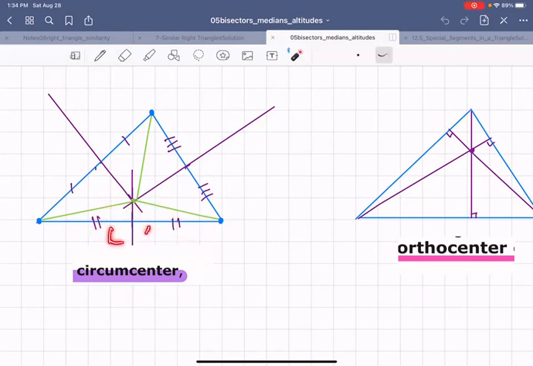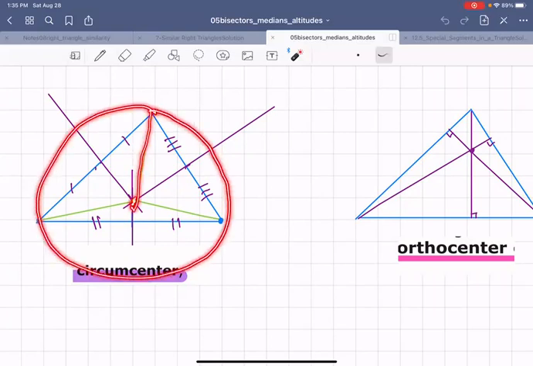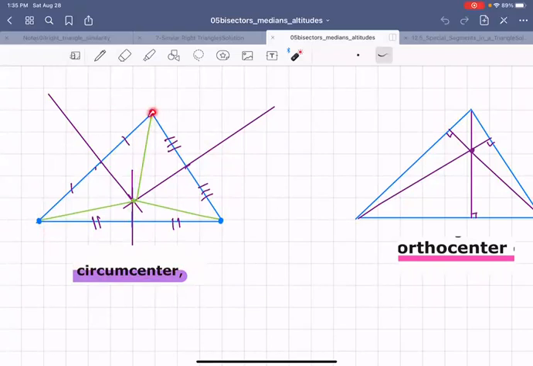So by LL, you can prove these two right triangles are congruent. And then CPCTC tells you these two green lines are equal. Same way, this also equal. This piece equals this piece equals this piece. You can see, treat this guy as a center, use this guy as a radius, and then you draw a circle. This circle will be able to touch the 3 points, okay?